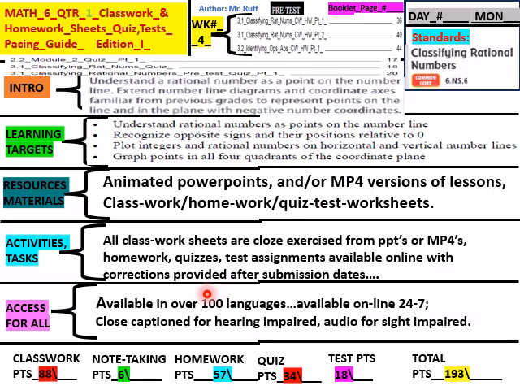And then access to the work is available in over 100 languages, available online 24/7, closed caption for hearing impaired, audio for sight impaired. And our points now. Classwork, there's 88 points of classwork, 6 points of note-taking, 57 points of homework, and then we got 34 points of quizzing, and then 18 test points, which comes out to 193 points total for week 4.